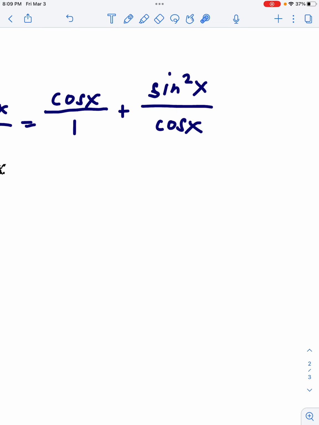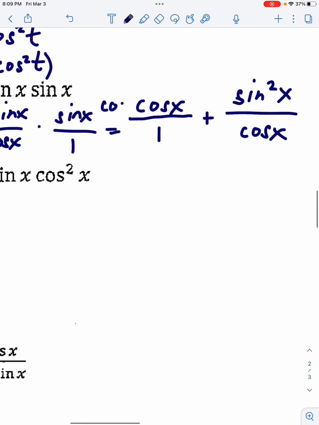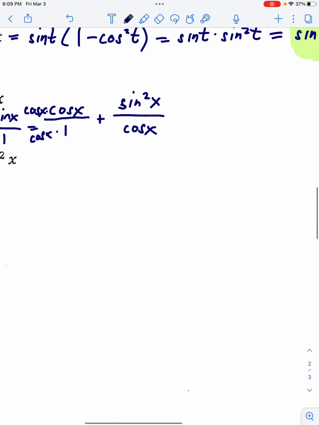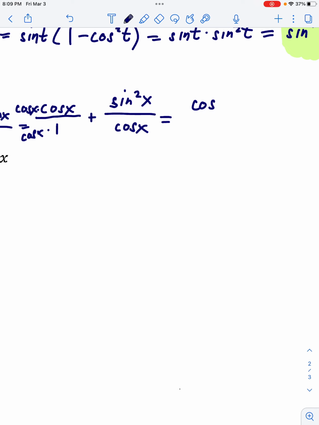My common denominator is going to be cosine x. So I have cosine squared of x over cosine x plus sine squared of x over cosine x.